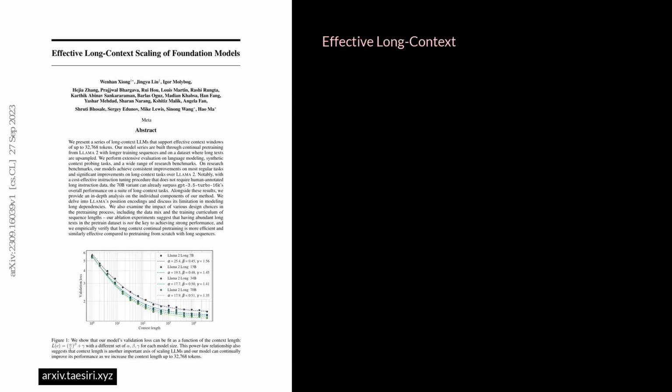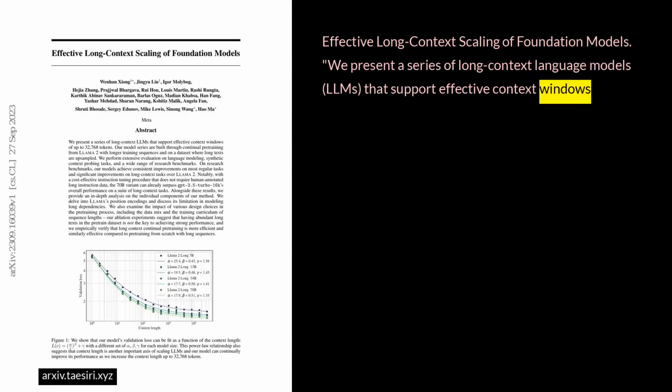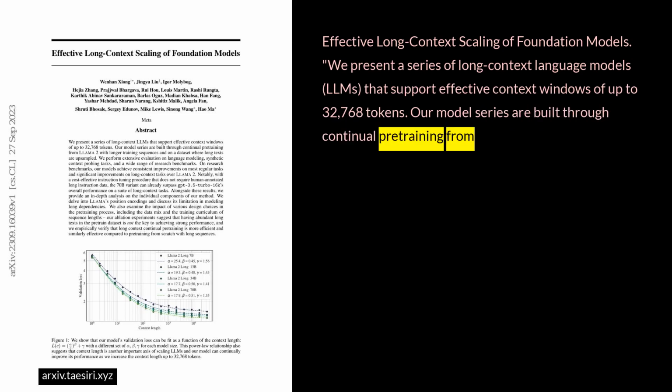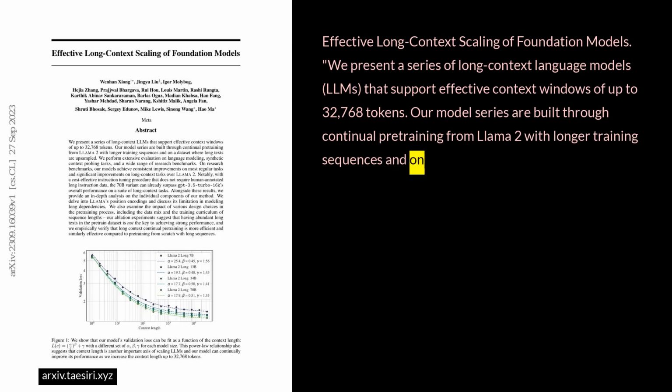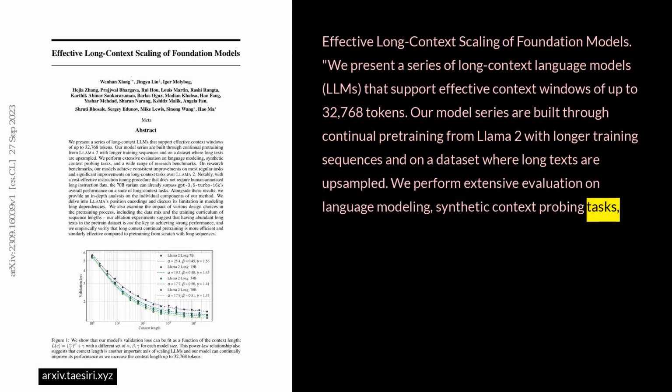Effective long-context scaling of foundation models. We present a series of long-context language models, LLMs, that support effective context windows of up to 32,768 tokens. Our model series are built through continual pre-training from Llama 2 with longer training sequences, and on a dataset where long texts are upsampled. We perform extensive evaluation on language modeling, synthetic context probing tasks, and a wide range of research benchmarks.